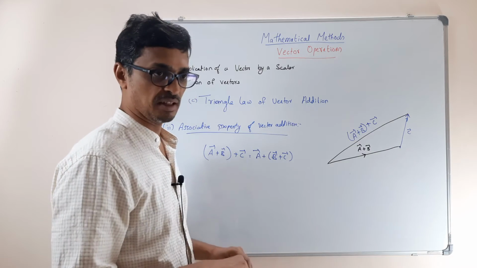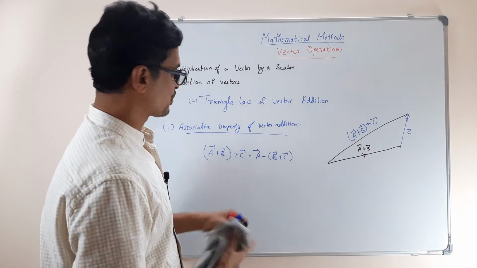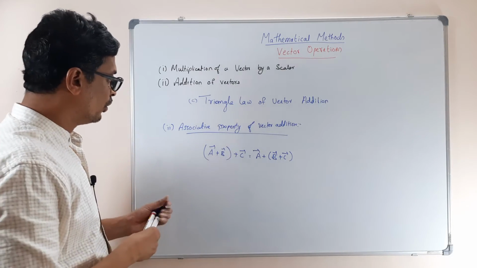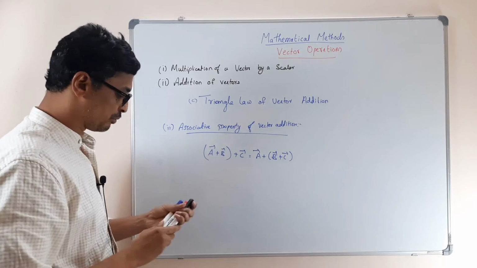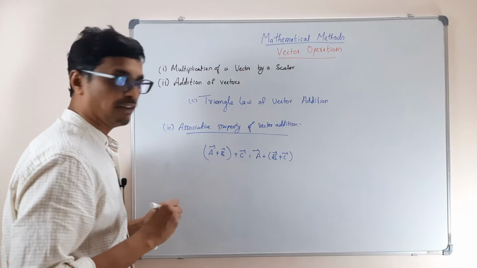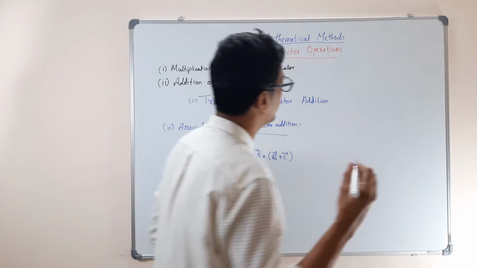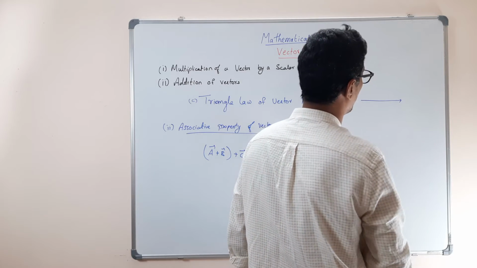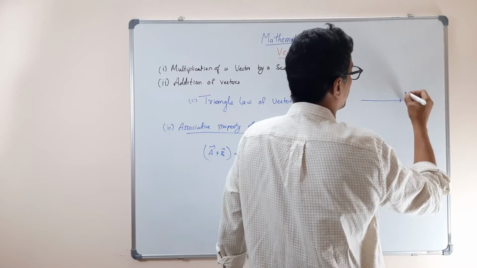How can we prove this? Okay, so how are we going to prove this? Let us remove this one. To prove this associative property, let us consider three vectors. Let me take one vector A, which will be like this, and then a vector which goes like this.